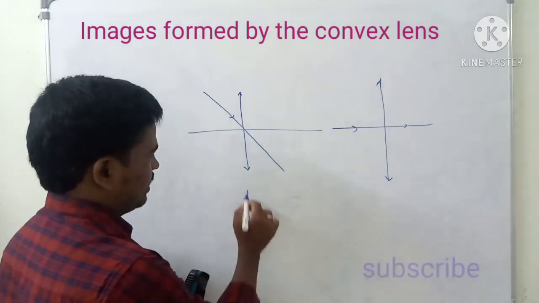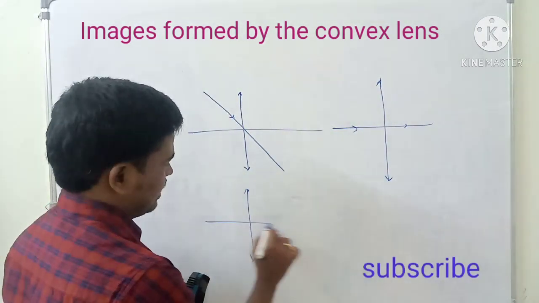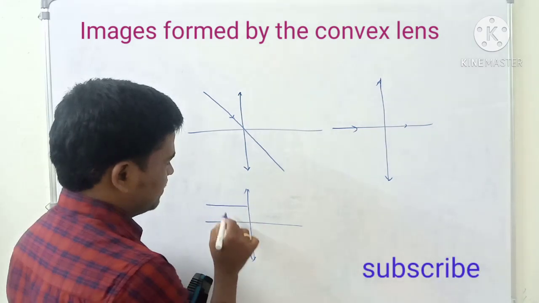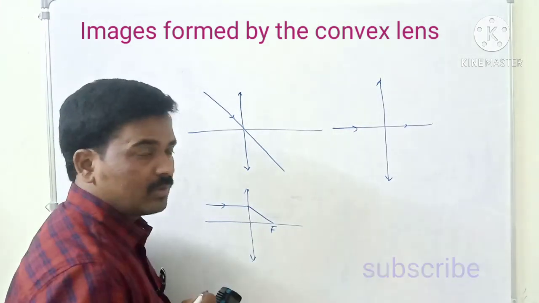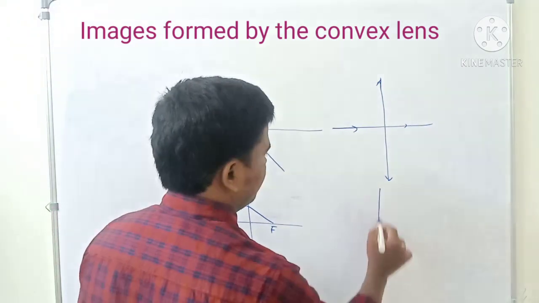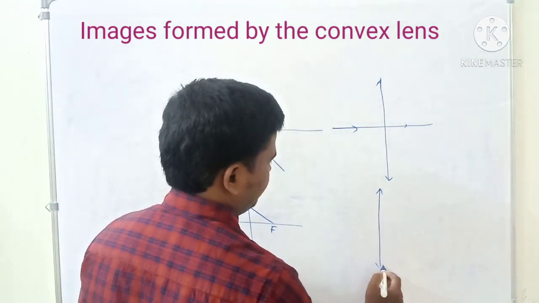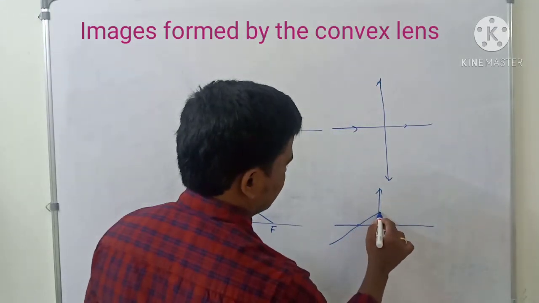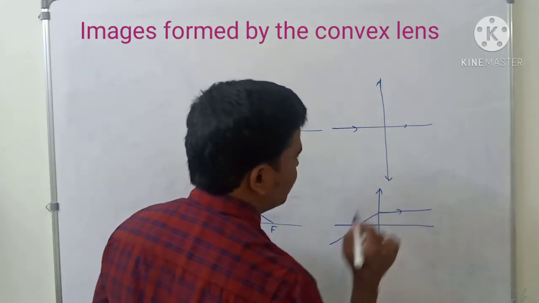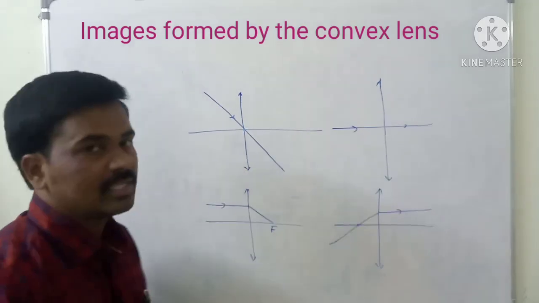The third ray, the ray which is parallel to the principal axis, converges at the focus. And the fourth ray, the ray which is going to the focus, goes parallel to the principal axis. We learned these four rays in the last class.